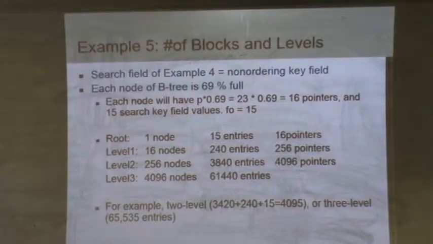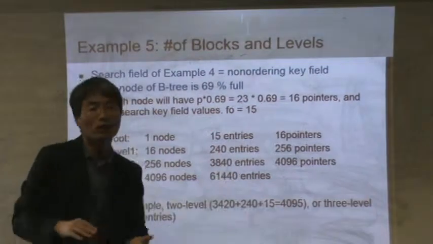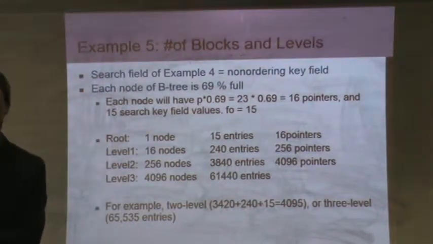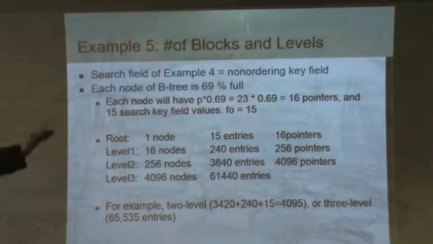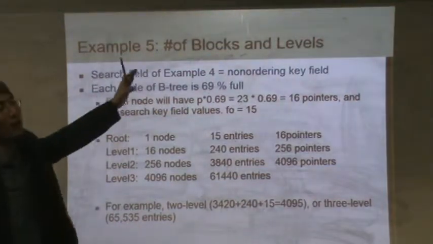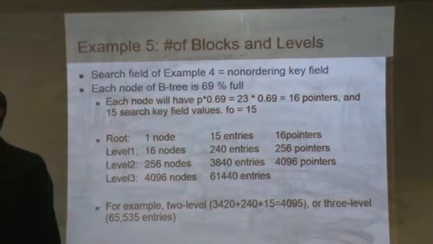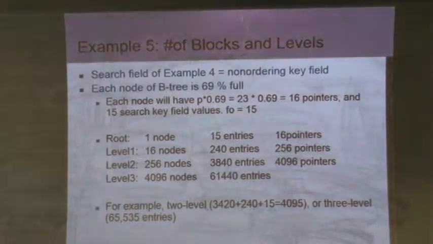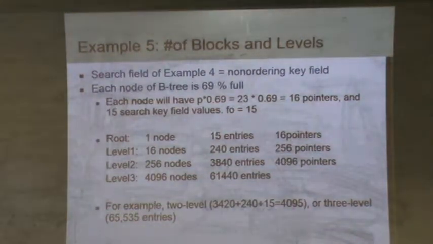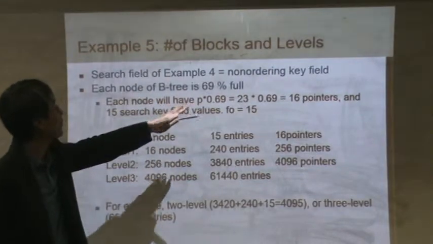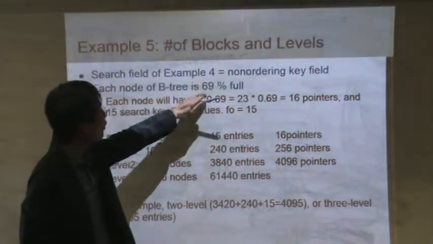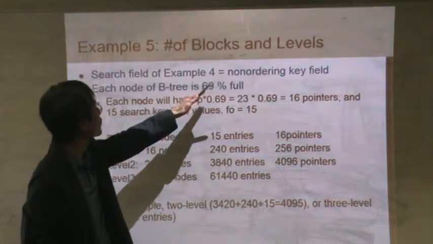So in this case, 31% will be used for free space. Most DBMS have an option for how much free space you can set aside. For example, in Oracle database, you can change the value using PCTFREE, the percentage of free space in a block. So this slide shows the case of 69% full, in other words 31% free space.